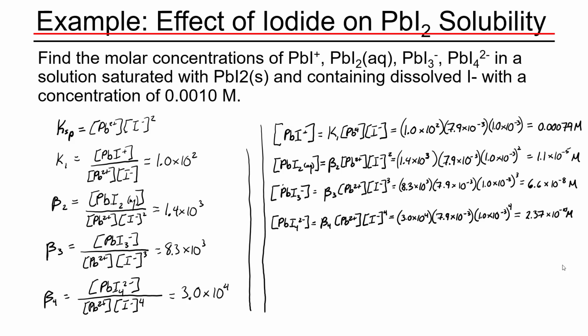You also need to consider the potential for the formation of these complex ions between the Lewis acid and the Lewis base, because through Le Chatelier's principle, they also govern the solubility and the speciation of the metal cation that's part of that precipitate.